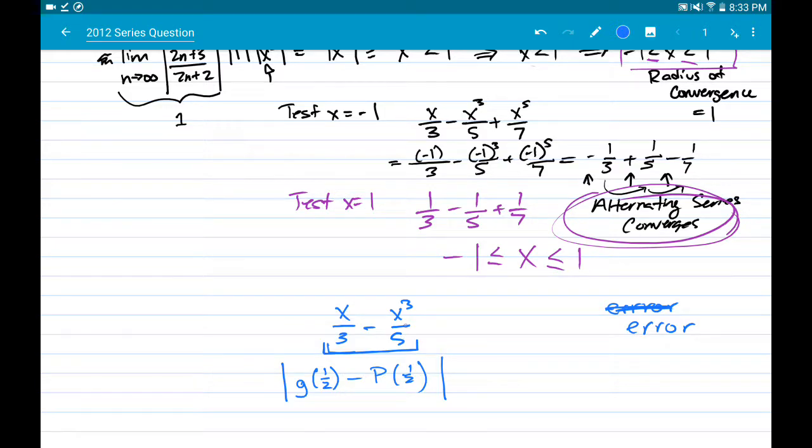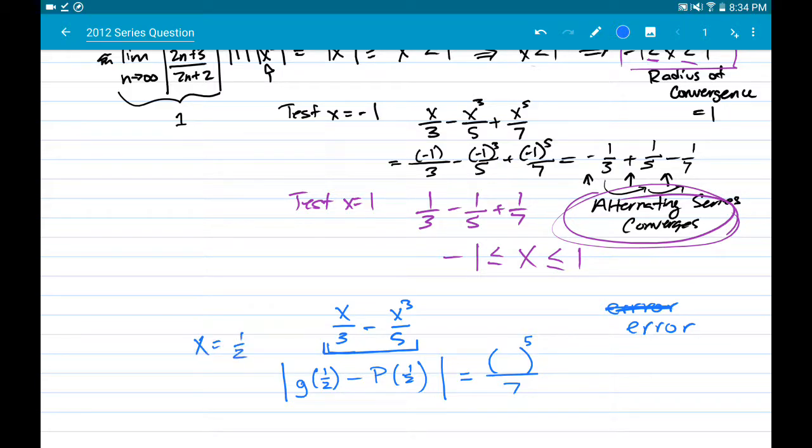If I wanted the error of a three-term approximation, I would look at the fourth term. And so the error here is I'm going to look at the next term, which is x to the 5th over 7.